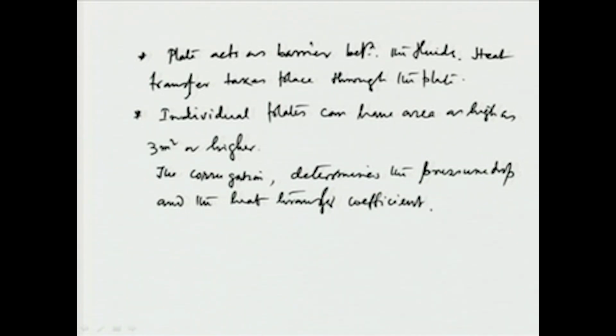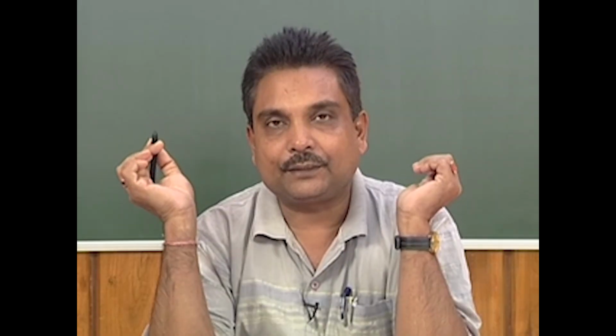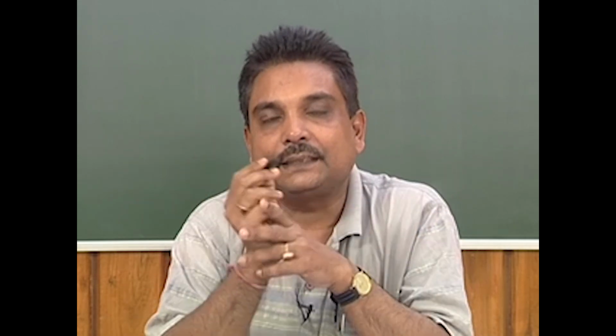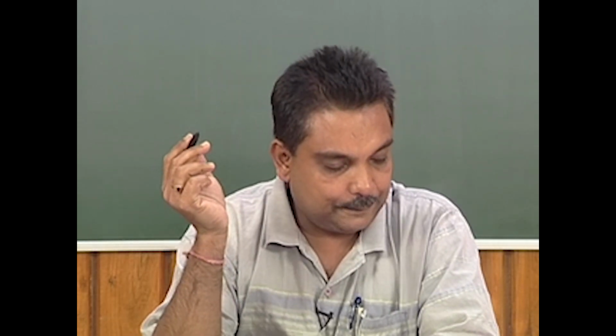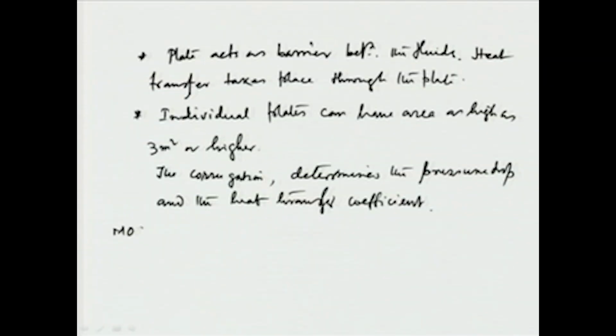As I told, the kind of corrugation increases the turbulence, and as we know, increasing turbulence increases the heat transfer coefficient, but at the same time it increases the pressure loss. Okay, the materials of construction for these kinds of plates are usually little costly materials.